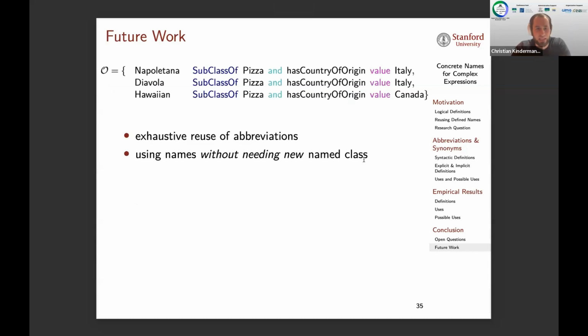So let's just look at an example here. We have 3 axioms, and these axioms are taken from the pizza ontology. And the expression of a pizza that has the origin of Italy occurs twice.